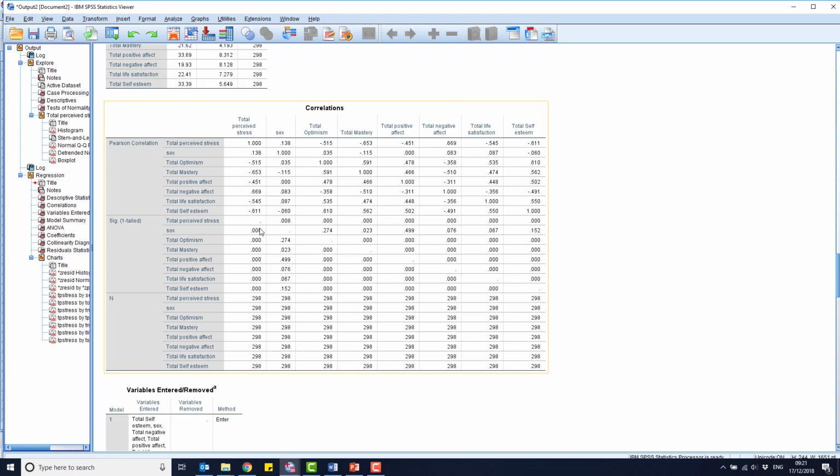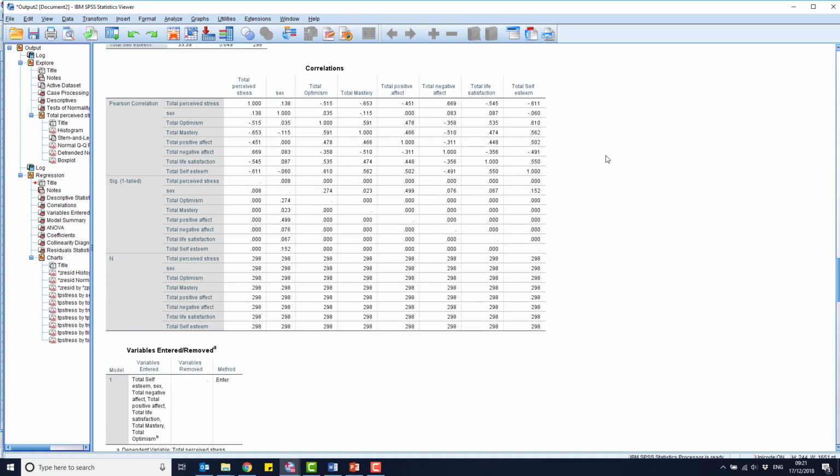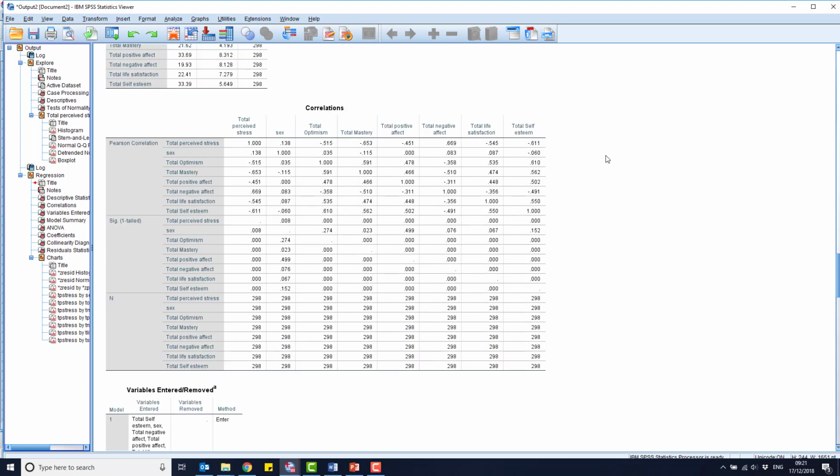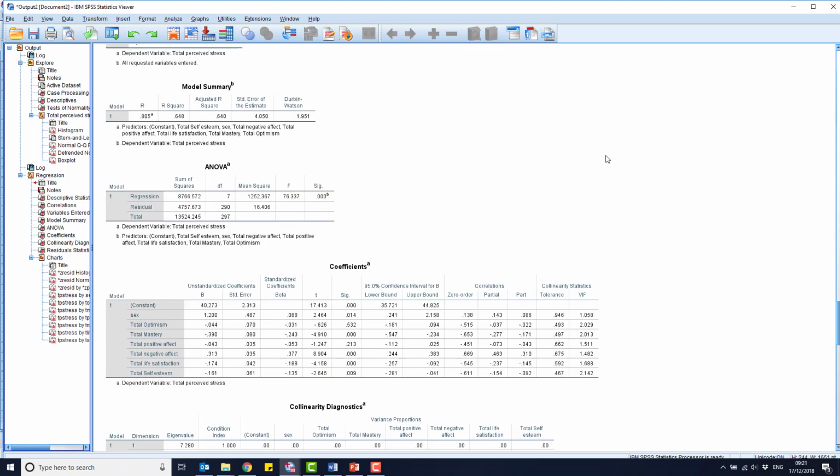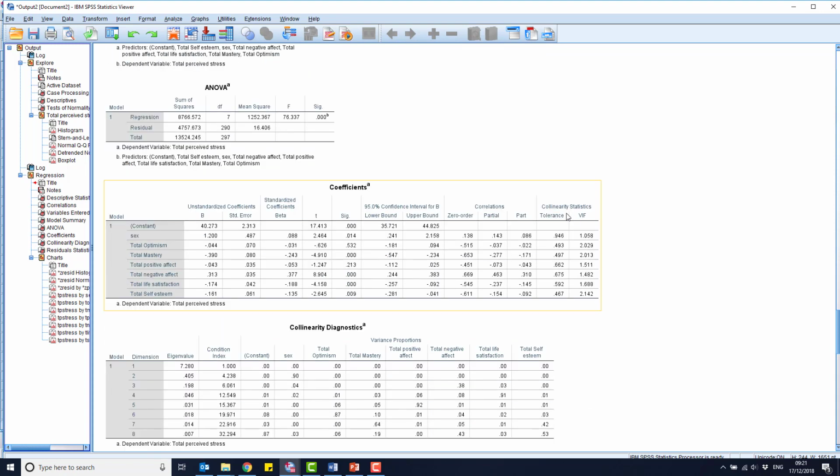And what we're looking for there is something called multicollinearity, and we can also check that using VIF, variance inflation values, and tolerance, and that's produced a little bit lower down in the output. But here we've got collinearity statistics, and these are the values.